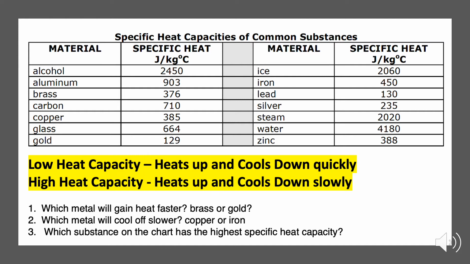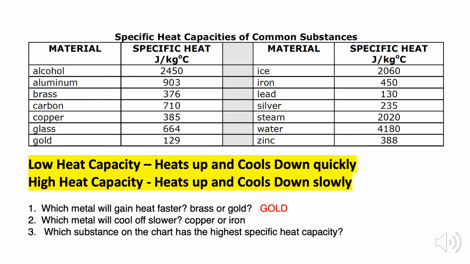Remember, if it heats up faster, that means it has a low heat capacity. Gold has a lower number, so it's going to heat up faster and cool down faster as well. So the correct answer is gold.